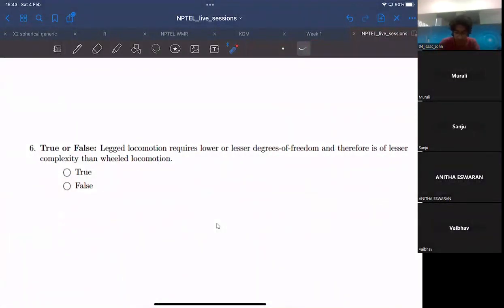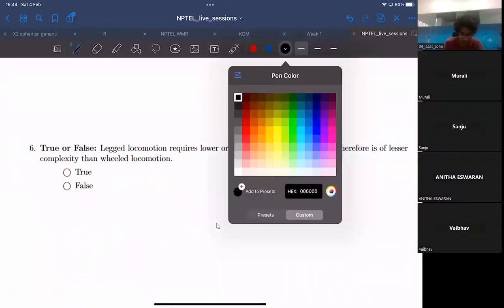Legged locomotion requires lesser degrees of freedom and therefore is of lesser complexity than wheel locomotion. So I suppose the answer is quite straightforward, right? The answer is obviously false. I hope all of you can agree with this without much reasoning.